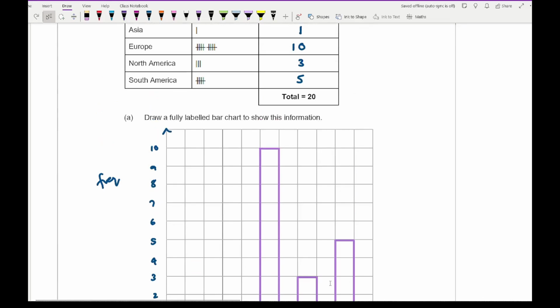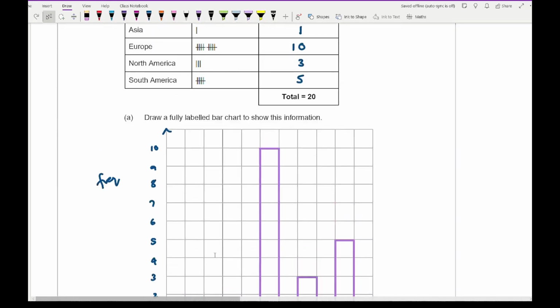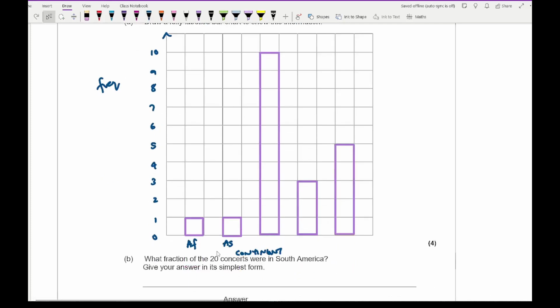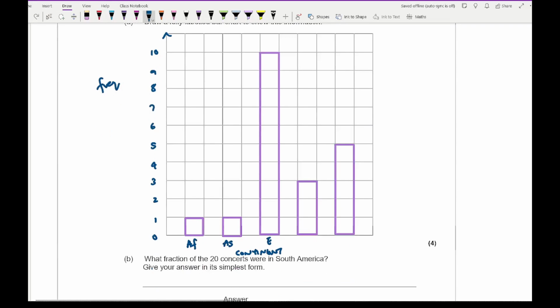Either you could draw a key. So we've got Africa, Asia, Europe, North America, and South America. And again, all bars are equal widths with equal gaps between each bar.